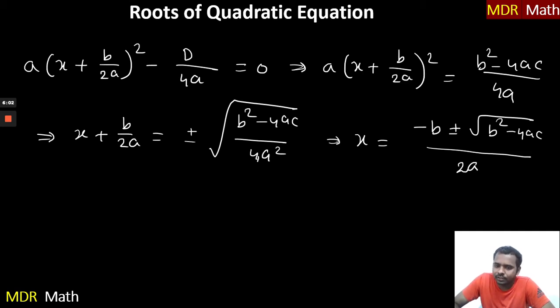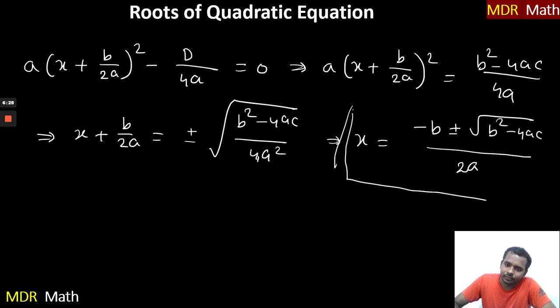When you substitute this value of x in the given quadratic equation, that equation becomes 0. Okay, that means at what values of x this quadratic expression equals 0, those values are called roots of the equation. So these values are now known as roots of the quadratic equation.